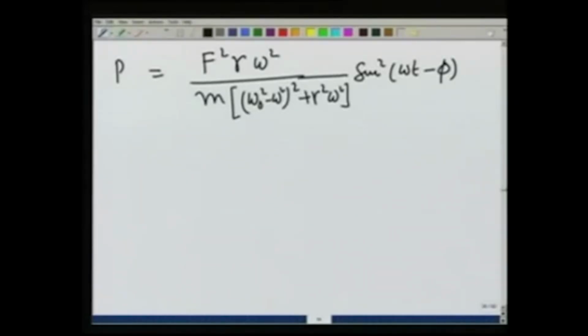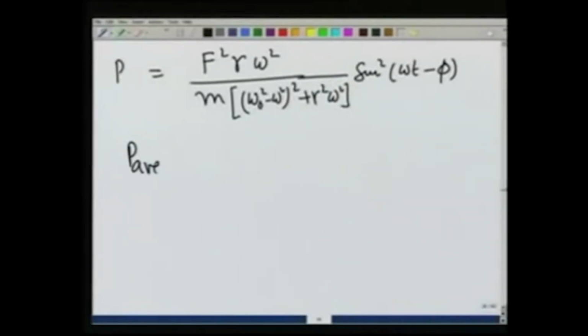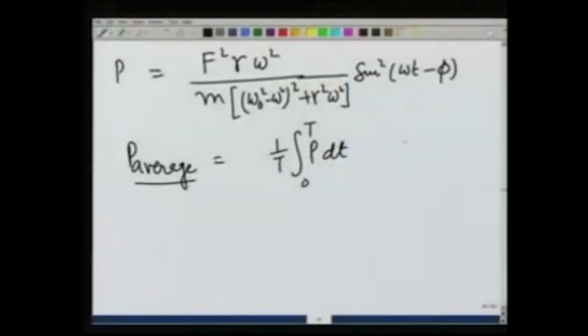If I were to calculate how much power is lost, the average power over one cycle, that means I integrate the power from 0 to t and divide by t. So, on an average per second, how much power is being lost? Sine square omega t minus phi averaged over a cycle is always a half.